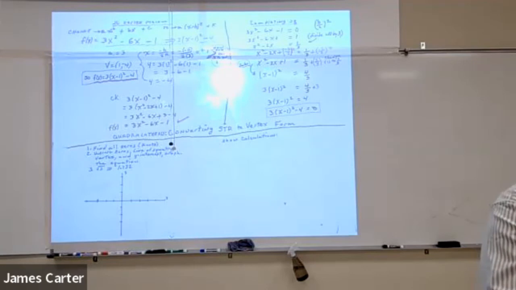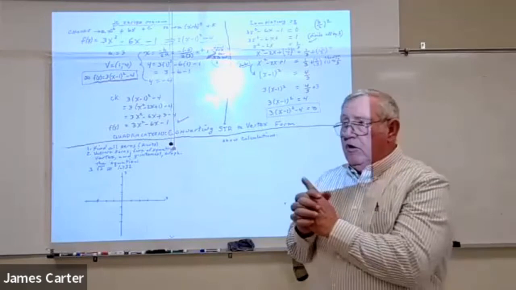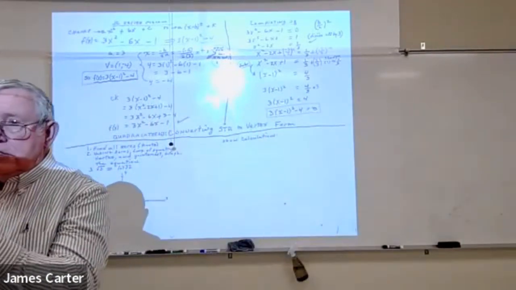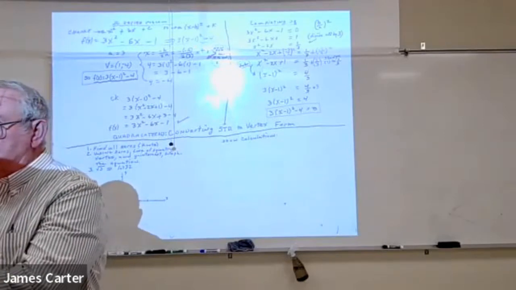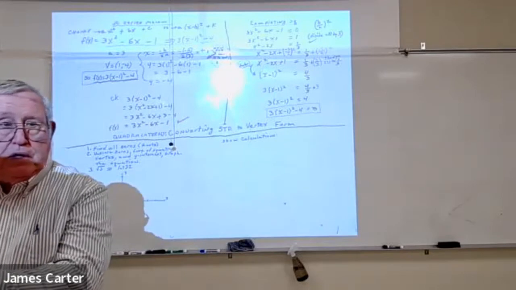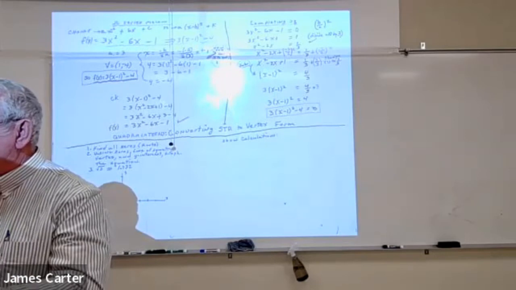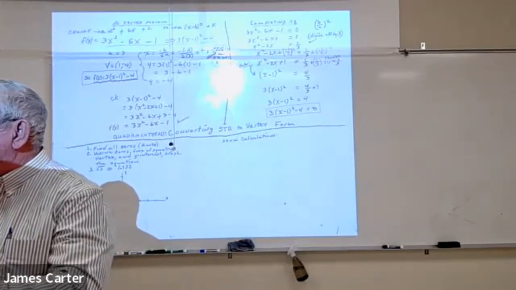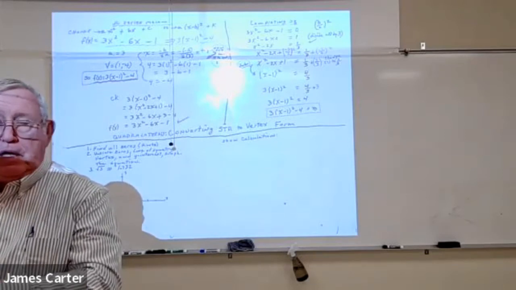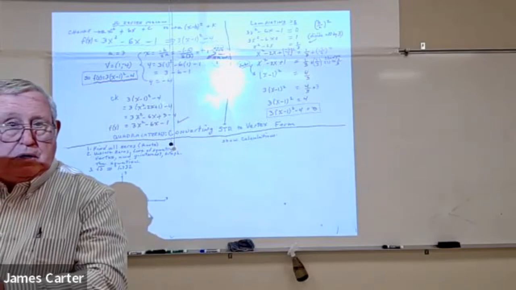You remember I told you earlier we were going to skip how to convert standard form into vertex form by a process called completing the square. Well, I invented a method to convert it without completing the square, and it is a whole lot easier. And that's what the top half of this sheet is showing. Okay.